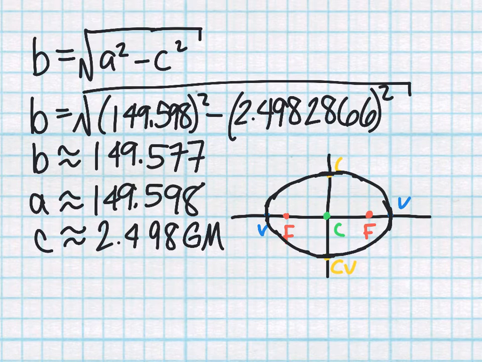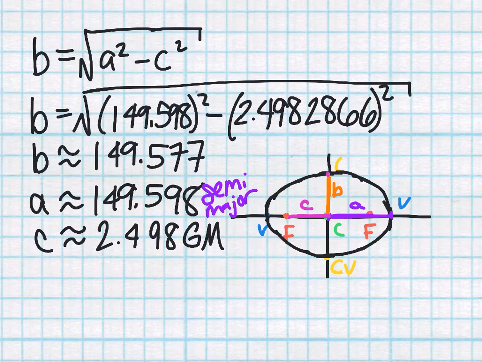So if I think about this, we know that A is the length of the semi-major axis. So this would be A. Half of the major axis, which is halfway across the longest way. We know that B is the semi-minor axis, so this would be B. We know that C is the distance from one focus to the center.